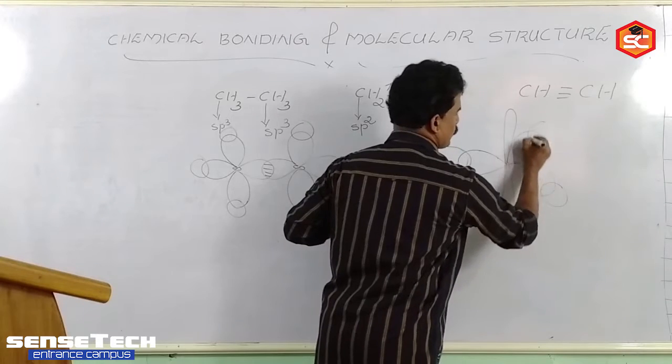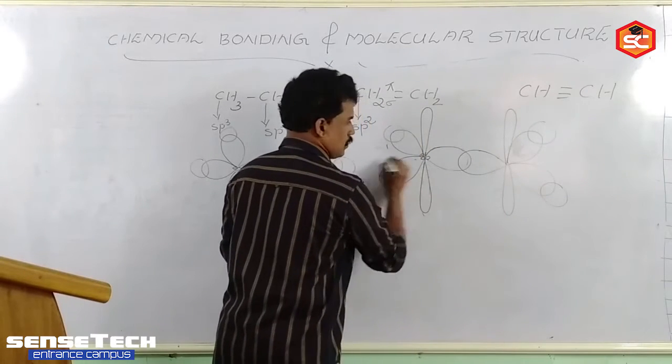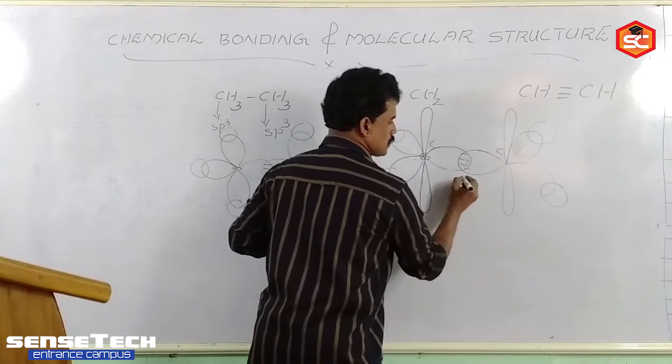So this will overlap with the hydrogen. This is the carbon-carbon sigma bond.